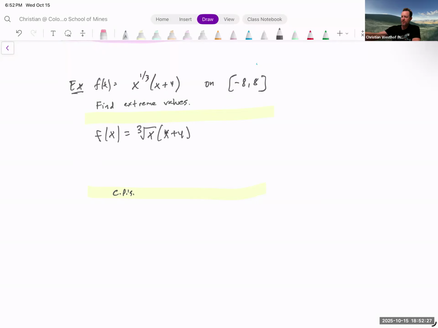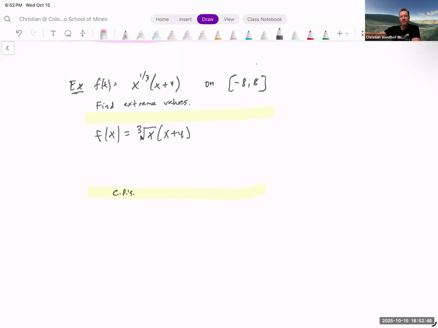So x plus 4 is for sure continuous on -8 to 8. It's just a line, and there's no issue with plugging in those values from -8 to 8 into x. Now, the root part: for square roots, 4th roots, 6th roots, 8th roots, there could be an issue with it being negative on the inside.